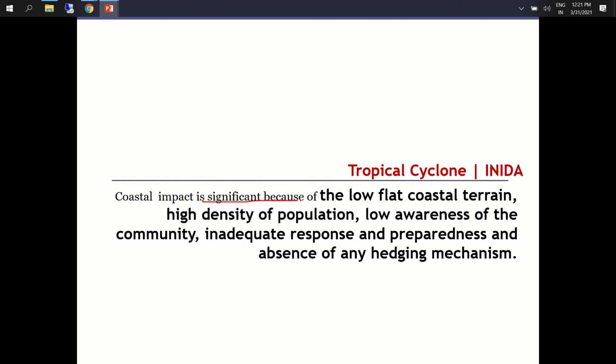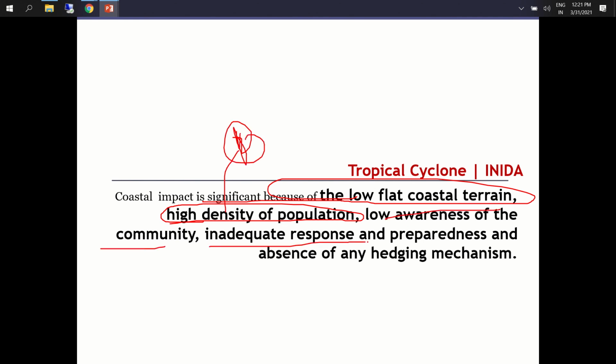Coastal impact is significant because of the low flat land, this is what I was trying to say, and high density of population, this is number 2, and that is a major factor actually. In fact, there is low awareness of the community, inadequate response and preparedness, and absence of any hedging mechanism.